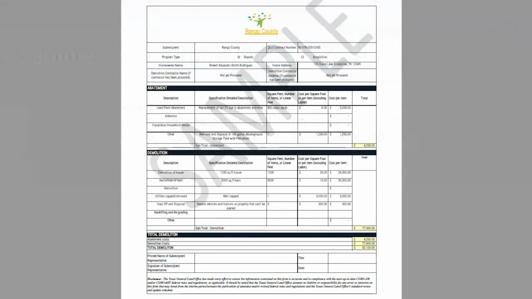Please note, this is a sample document. Subrecipients must update the line items and any other areas necessary to meet the program's needs. For this video, we will use a fictional applicant and subrecipient to demonstrate how the form can be used to estimate demolition costs.